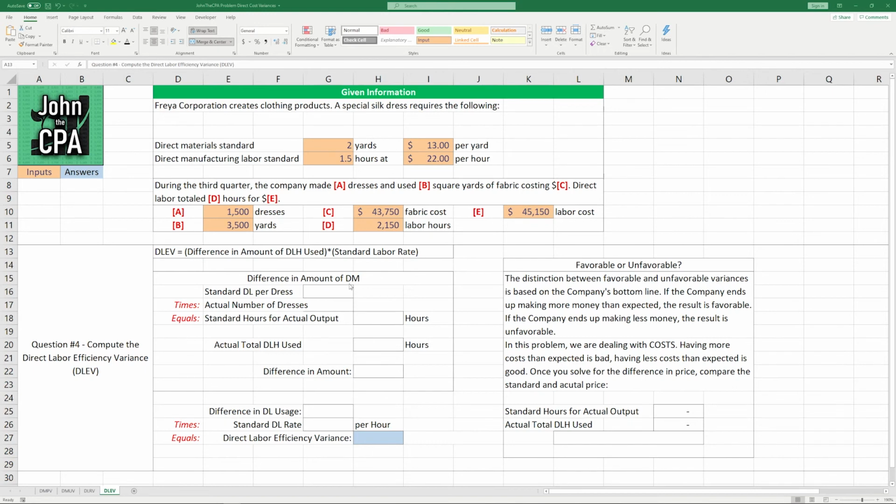All right, so the standard labor hours per dress given in the problem, that's going to be 1.5 hours per dress, and we know we completed or created 1,500 dresses, so we think that should take 2,250 hours. We're going to compare that to what we actually incurred, which is 2,150, and the difference between those two numbers is going to be our difference in quantity, and it's going to be 100 hours.